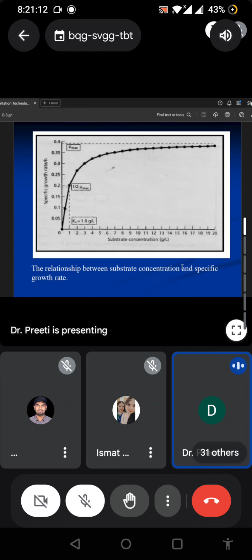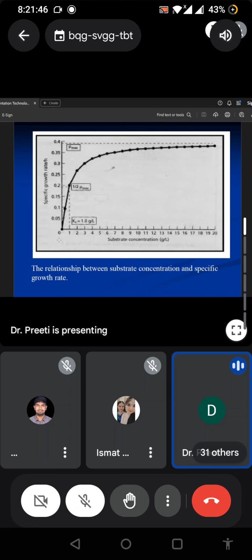And here you see how much substrate I give and how much growth will increase. Unnecessarily adding more substrate is like the enzyme substrate kinetics you have seen: as you keep adding, after that it is saturated, and there will not be any increase in reaction velocity. You have studied the velocity of the initial enzyme catalyzed reaction, v0, vmax, and how it relates to substrate concentration.